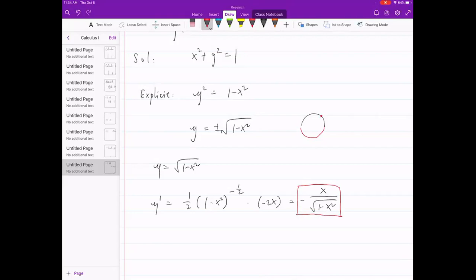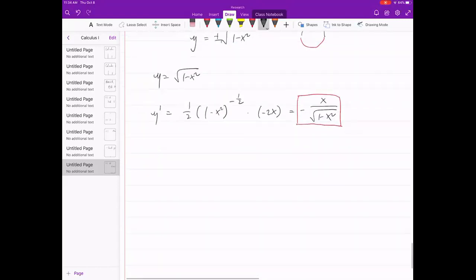This is certainly doable, but this is not good. Number one, you are trying to avoid the problem. You didn't solve it. You try to avoid it by changing it to something you can solve. Number two, this is a lot of algebra. It can be very complicated to solve for y from x. You know how hard it is to solve an equation, right? Number three, this may not even be possible.